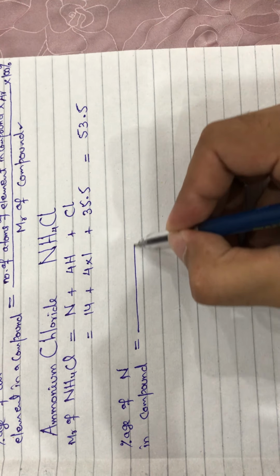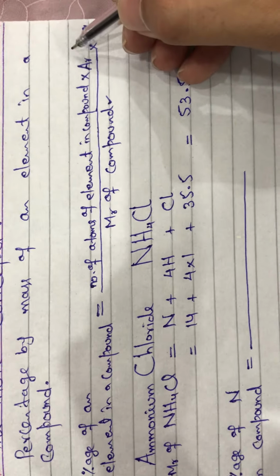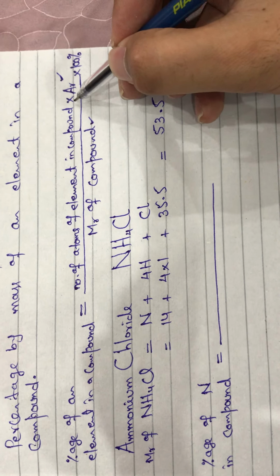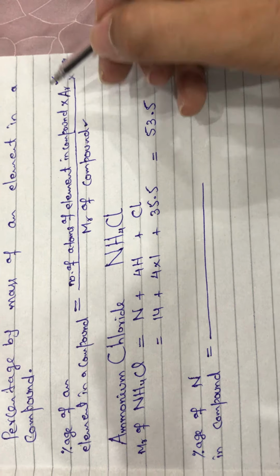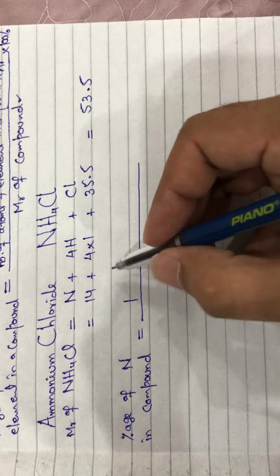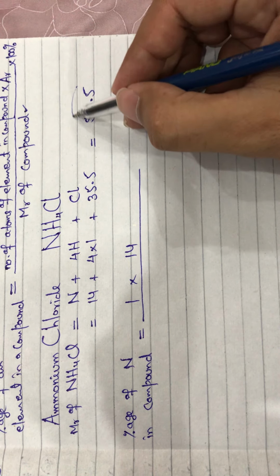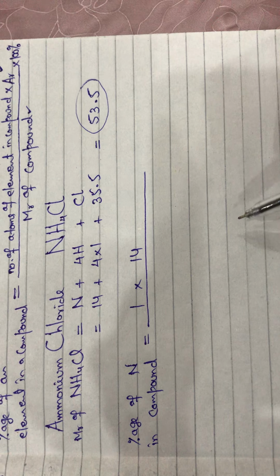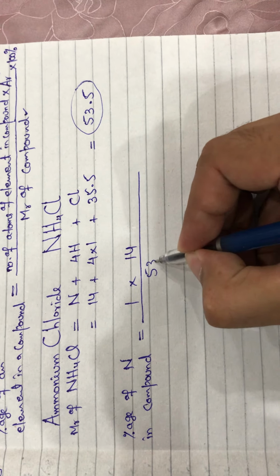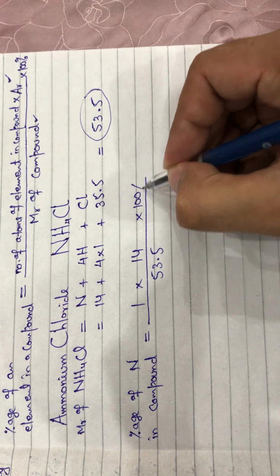By applying the above formula, the number of atoms of the element in the compound: nitrogen atoms are 1, its atomic mass is 14, divided by the MR of the compound, 53.5, and multiplied by 100%.